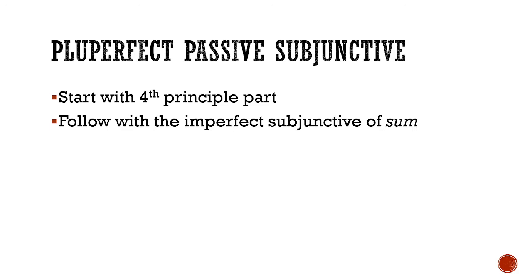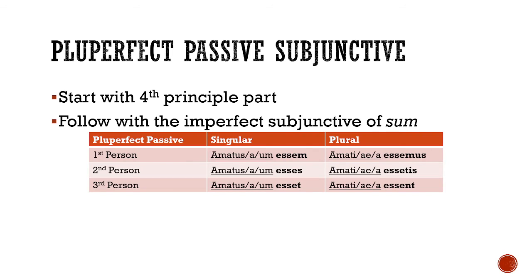So this is why I showed you those back in the imperfect tense video. So here's what it would look like. Amatus, a, um essem, and then esses, and then esset, and then amati, ae, a, essemus, essetis, essent. So that's the pluperfect tense passive.